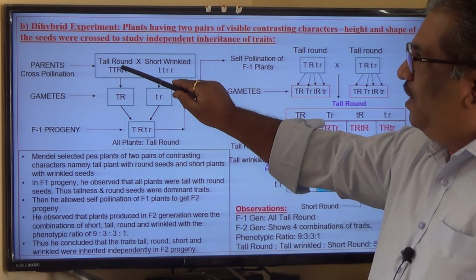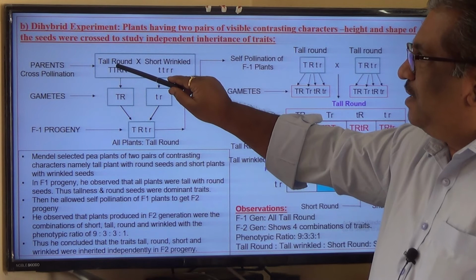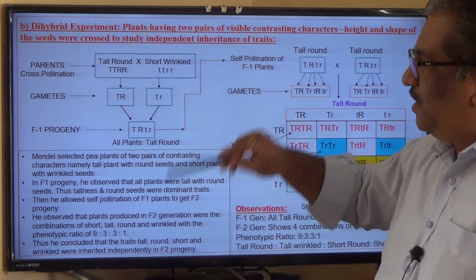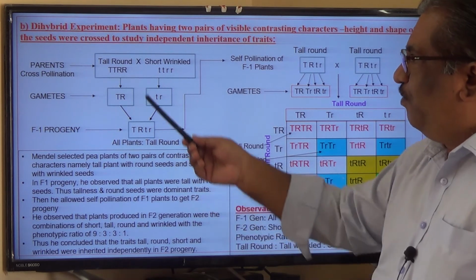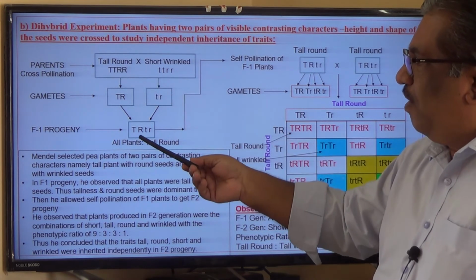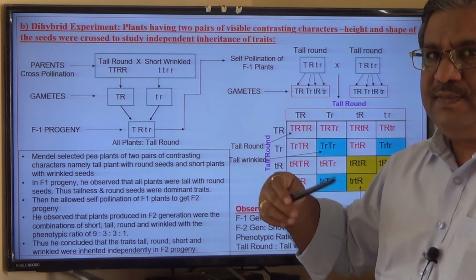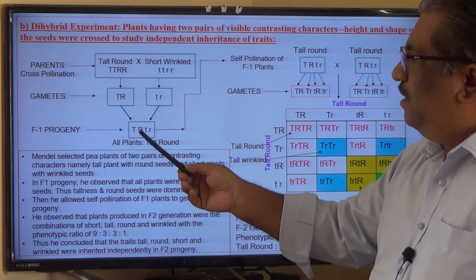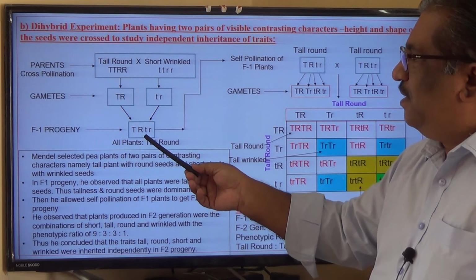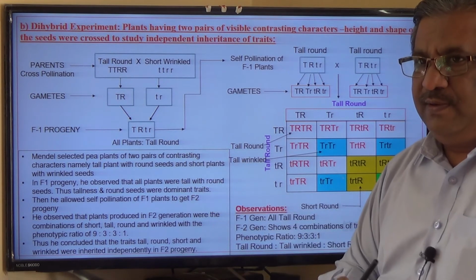So the original number of alleles of each plant was restored, in terms of the numbers I am talking about. Four alleles were there, so all those alleles got restored by the combination of gametes here. This is the F1 progeny plant's genetic composition.